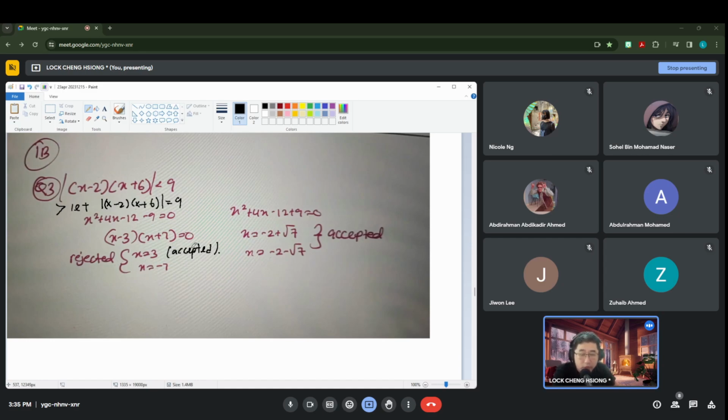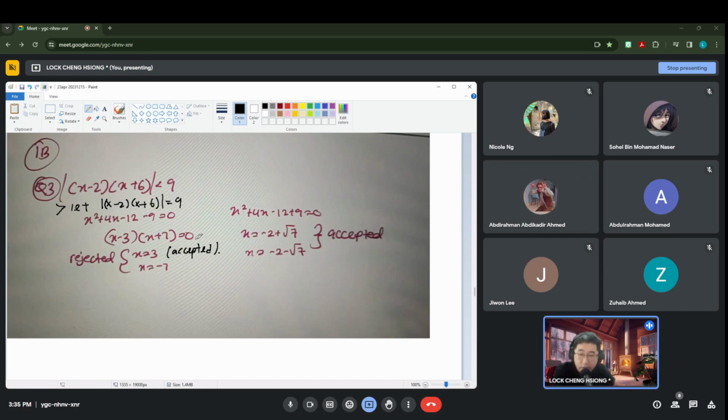How do you actually reject and accept? Sir, when I substitute 3, I get equals to 9. Equals to 9, so accepted.